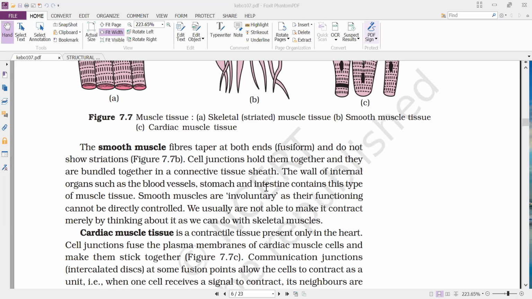They didn't mention the esophagus because some misconception is there related to it: it is not completely made up of voluntary muscles, nor completely made up of involuntary muscles. That's why they didn't mention it here.